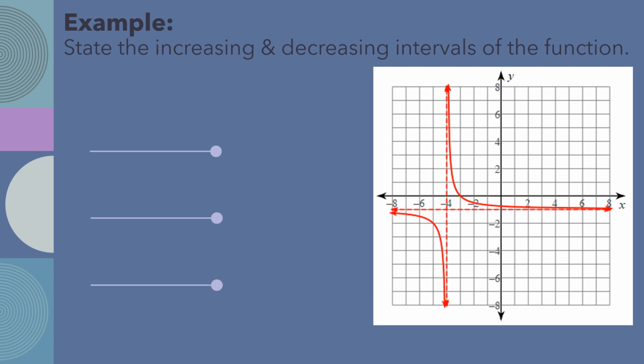Our example for this one is to state those increasing and decreasing intervals of the function. So again, we've got to determine the vertical asymptote. This one has a vertical asymptote at x equals -4, and then we state the domain: from -infinity to -4, union -4 to infinity. Now as we look across the entire domain, going all the way from left to right, we want to see, is the function increasing or decreasing?